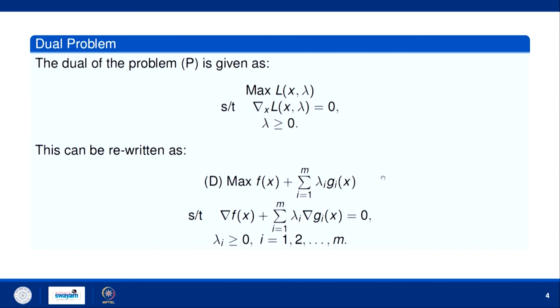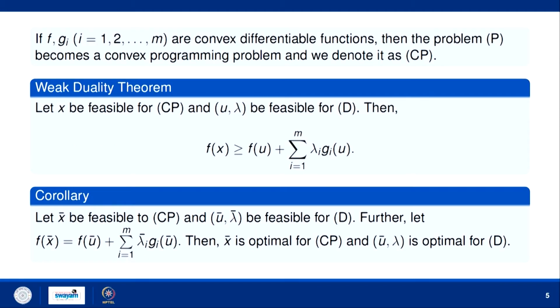This is how we can write the dual of this problem P, and this dual is also called Wolfe's dual. So, the first problem is called the primal problem and the second problem is called the dual problem.